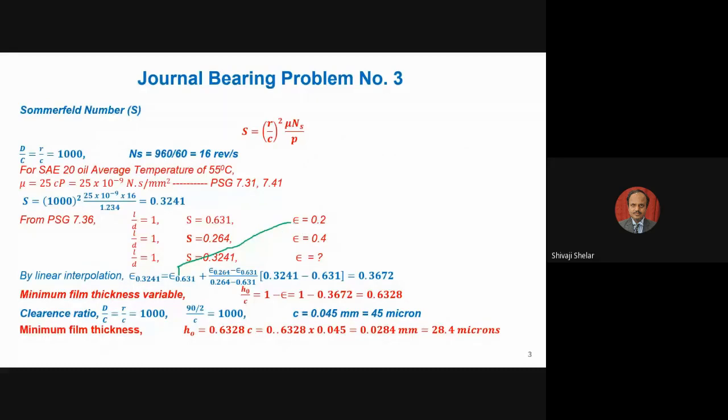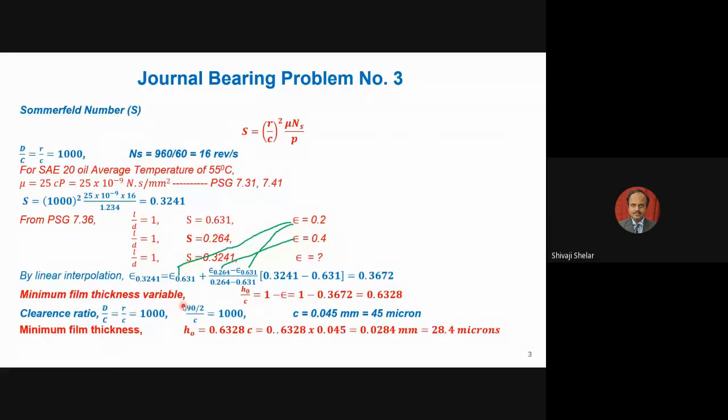By using this linear interpolation, we get the eccentricity ratio, which should be greater than 0.2 but less than 0.4. We get the value of 0.3672.